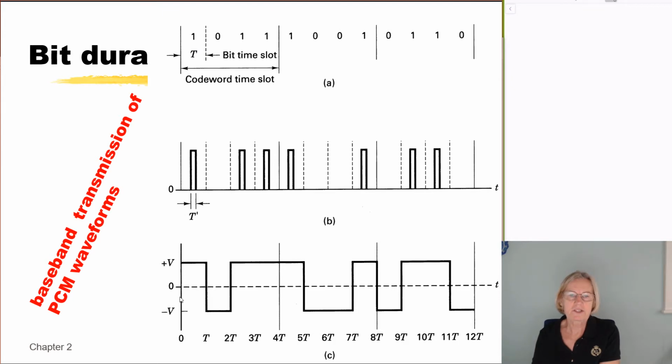Here I'm showing two ideas about what we might do as a choice for the PCM waveforms. In this illustration, I use only some subset of the complete bit interval for my actual transmission. Although I have capital T as my total time allotted for a bit, I'm only using T prime, something much smaller, where I'm transmitting my waveform.